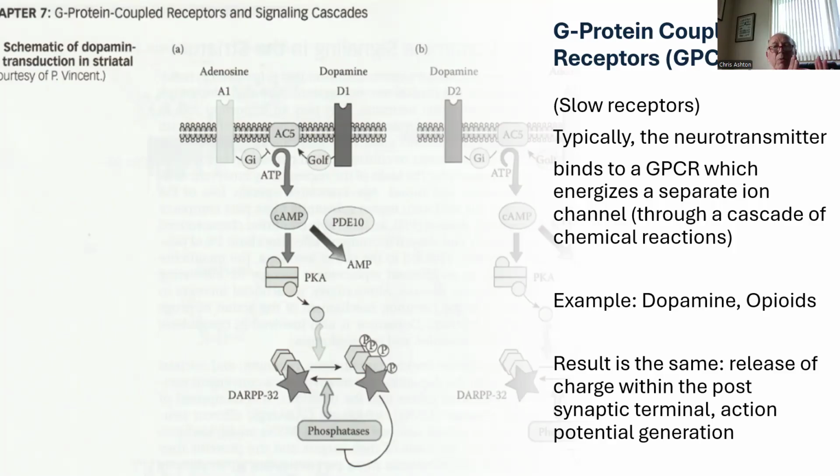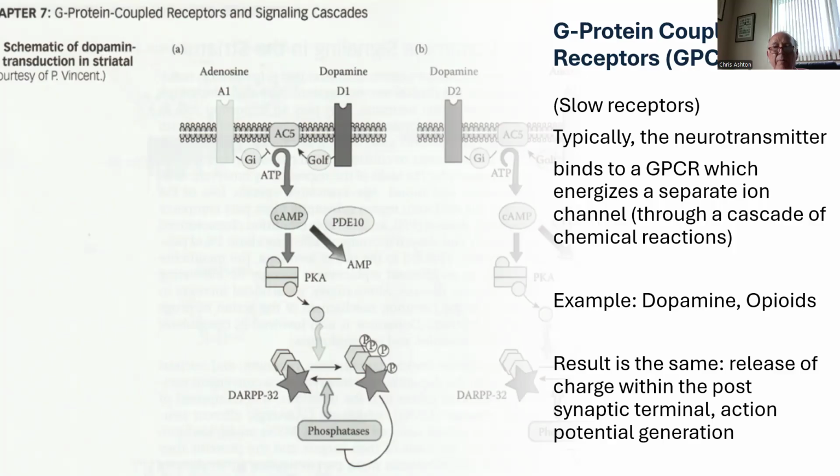Essentially the neurotransmitter, could be dopamine, could be an opioid hitting an opioid receptor, all that does is create enough energy to then open an adjacent ion channel.